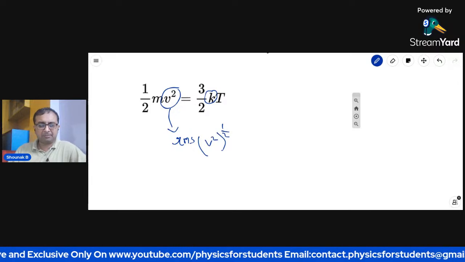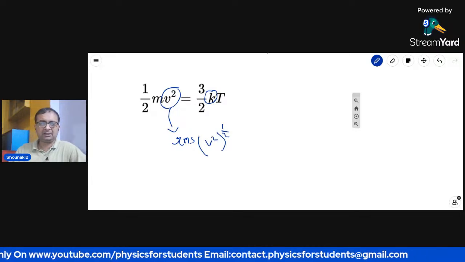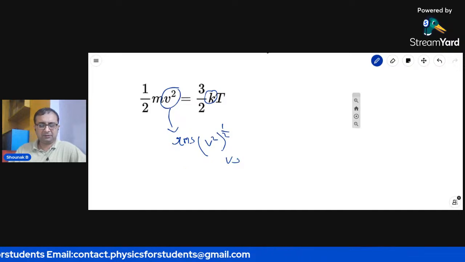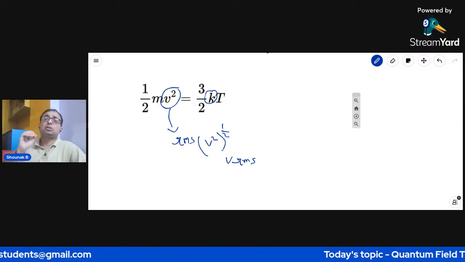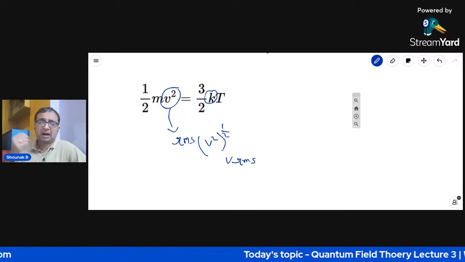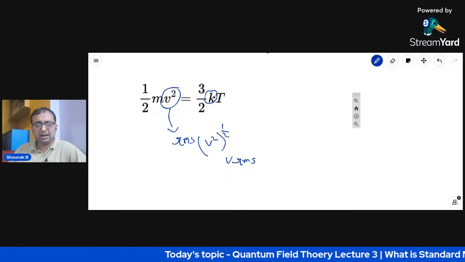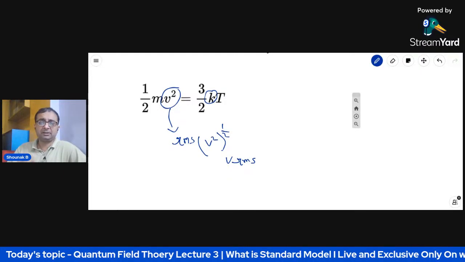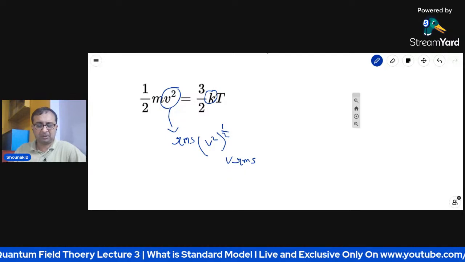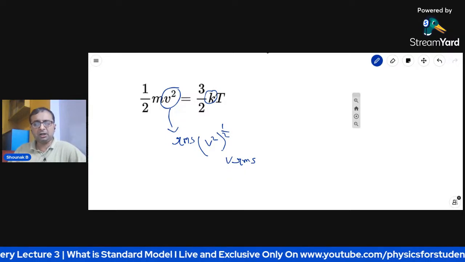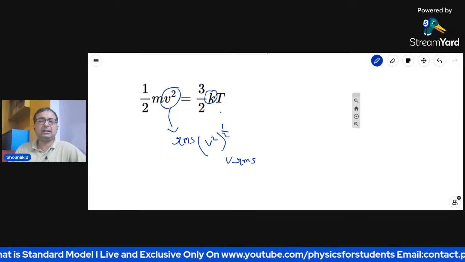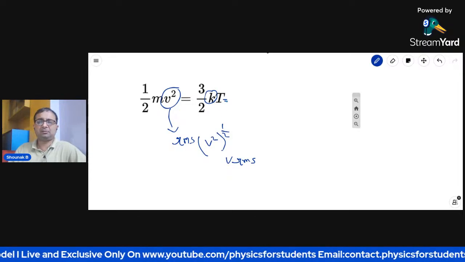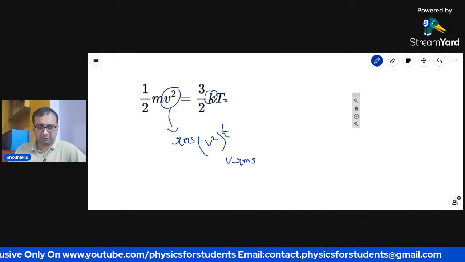Now, say for example, if I take this V sub RMS, right? So V sub RMS is what? The RMS is the speed of the particle. And this equation which you have written actually shows that the root mean squared speed of the particle is proportional to the square root of the temperature, which I have taken as T, and inversely proportional to the square root of the mass.